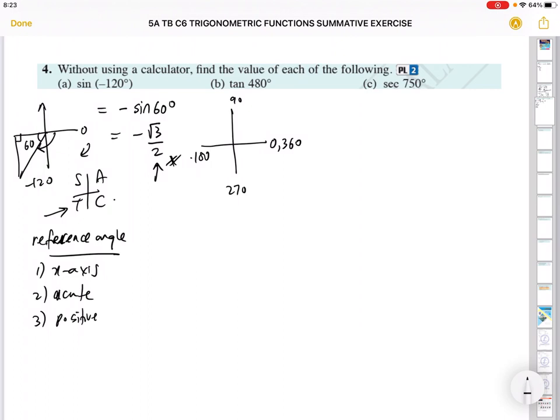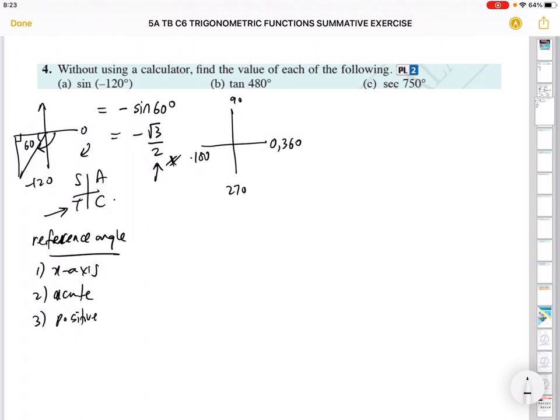Now, let me just clarify one thing. If you do not have the 570 EX, the ClassWiz, or the silver calculator, right? So EX plus, you can use even the normal 570 MS calculator, the gray one. You can also find out directly how. You just have to remember sine 30.